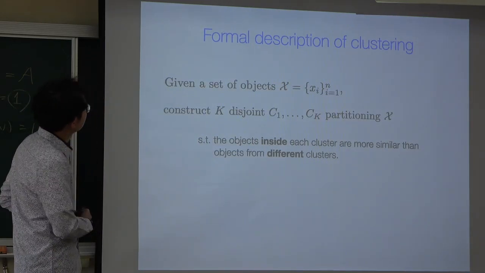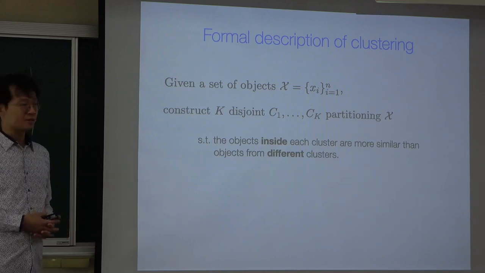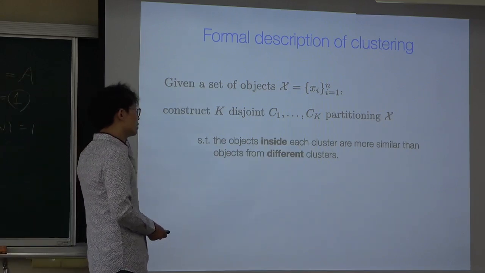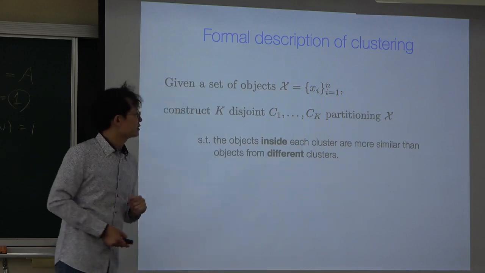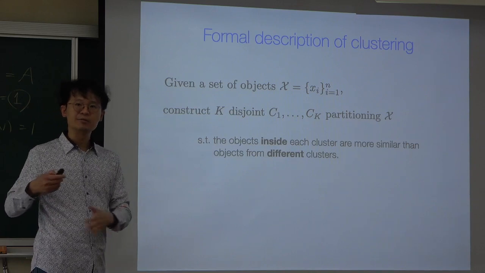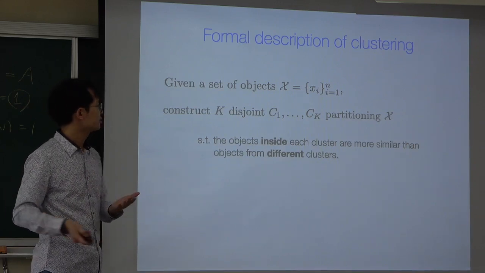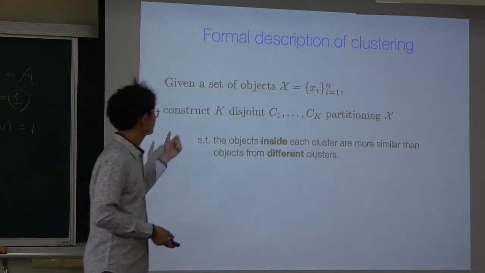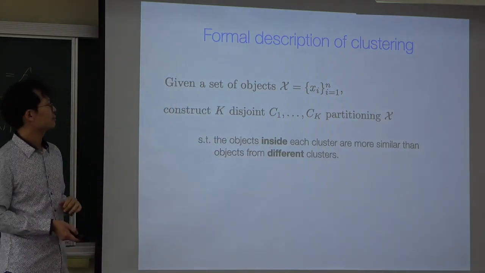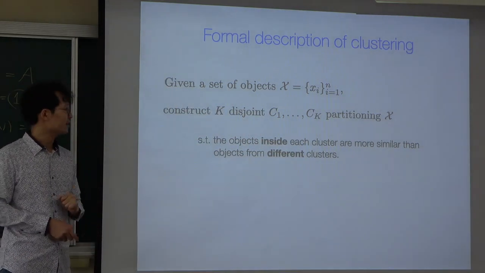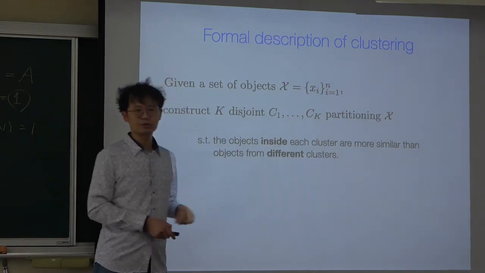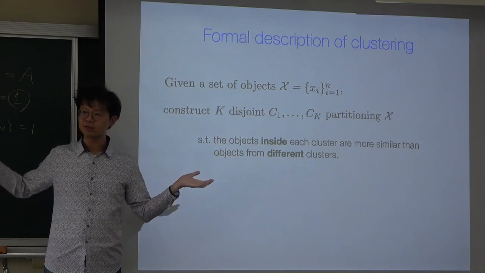So a formal, mathematical description of clustering is the following. Usually I give you a set of n objects, and certainly there will be some metric you know to compare pairs of points. And you want to construct k disjoint sets that partition the data set X. But we need to put some constraint, otherwise the partition can be random, right?